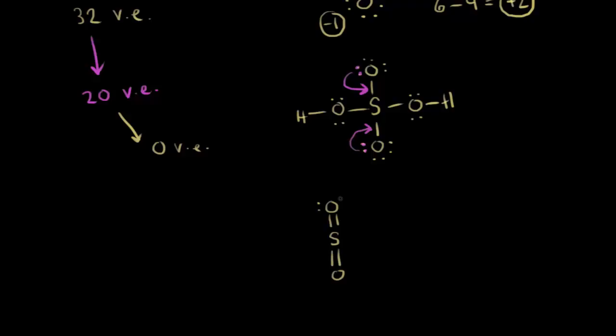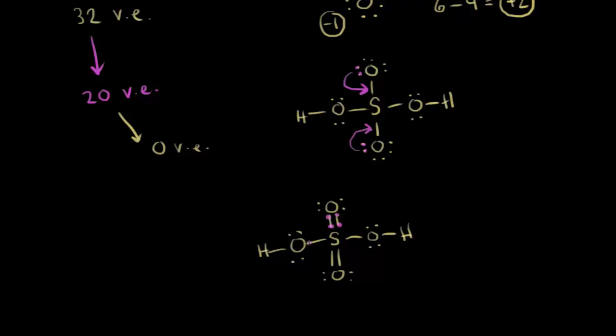Top oxygen has only 2 lone pairs of electrons around it, same thing for this bottom oxygen, and then these oxygens are the same with the OH on the left, and then we have the OH on the right here. Okay, so now let's look at our formal charges. So we'll put in our electrons.